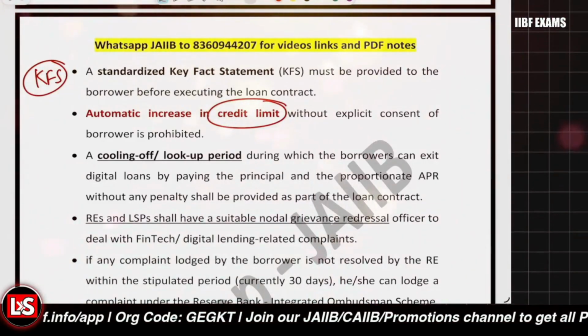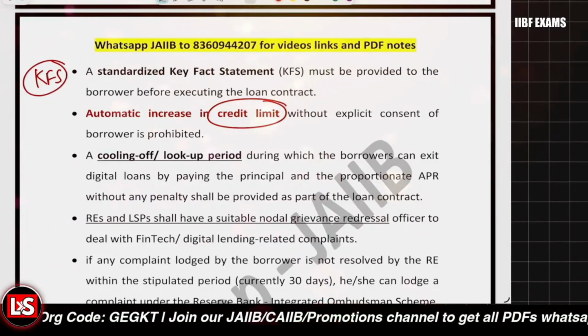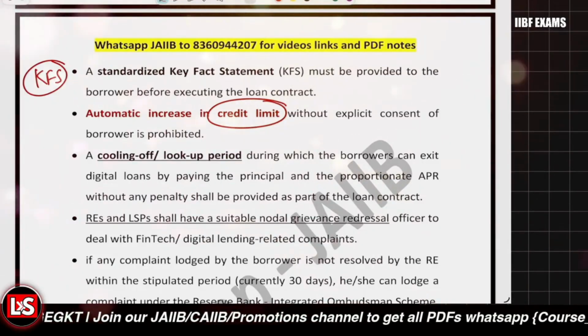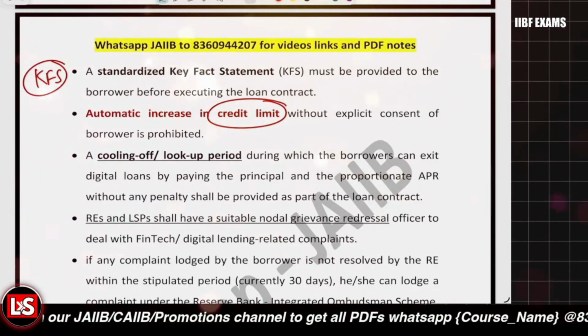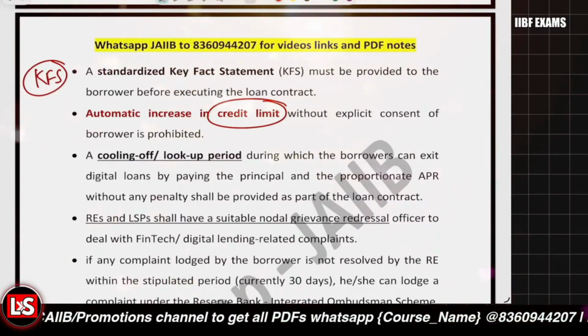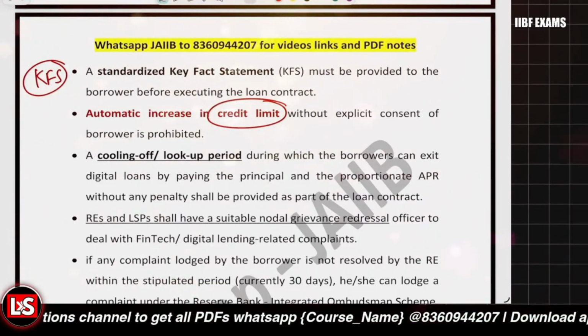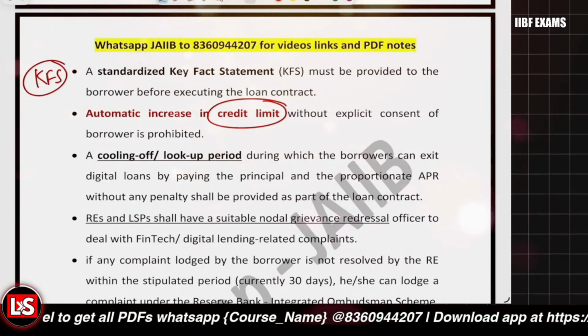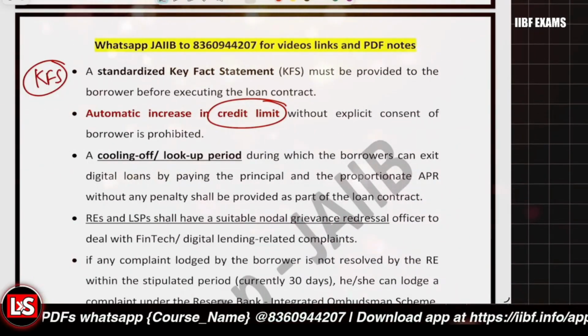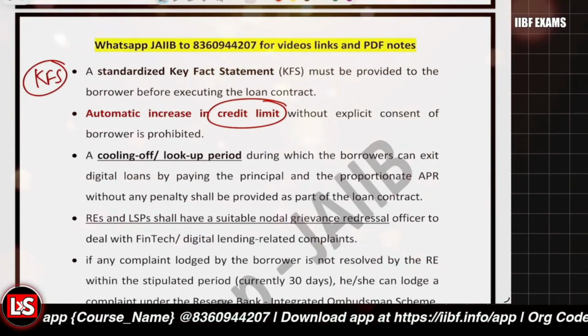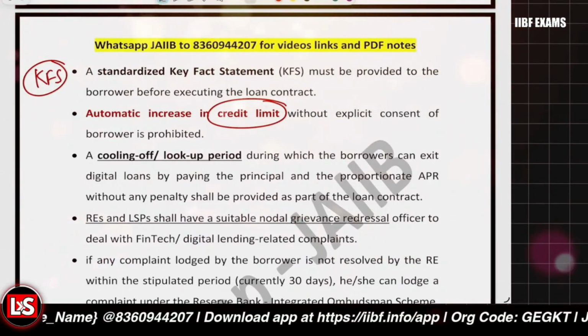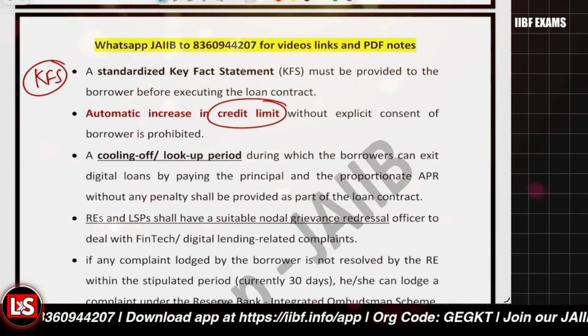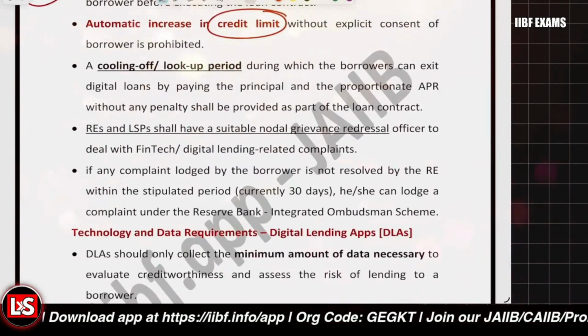So there is no automatic increase without consent. Let's say you have a credit card with a limit of 1.5 lakh rupees. It cannot be enhanced without your consent to 2 lakh rupees, or even 1 lakh 50,000 and 1 rupee. And there is a cooling off period and a look-up period.